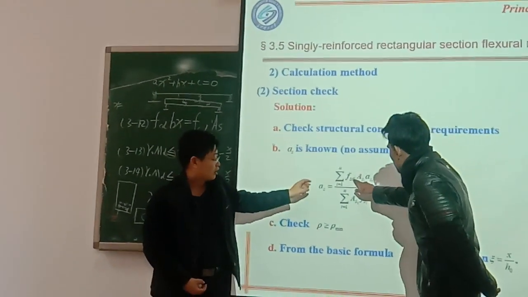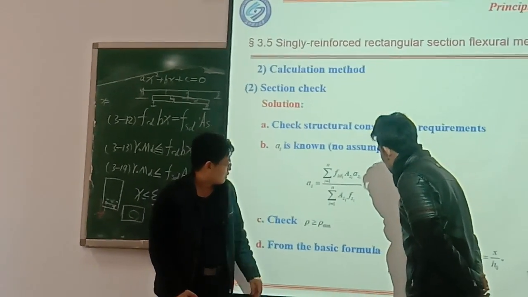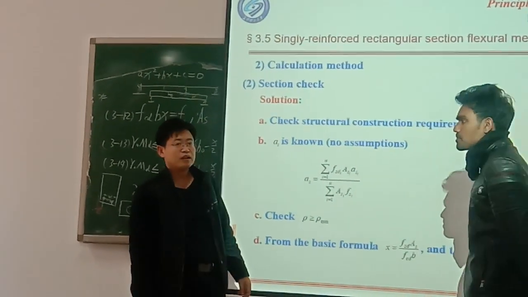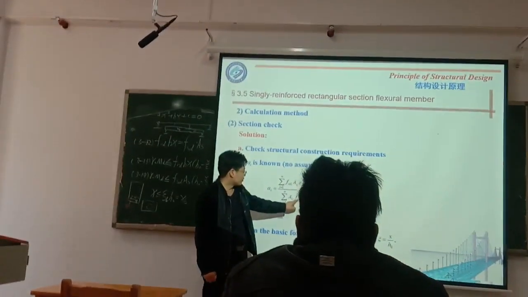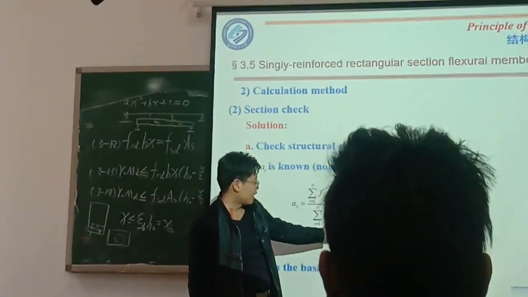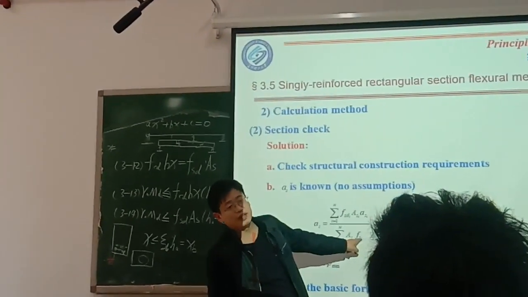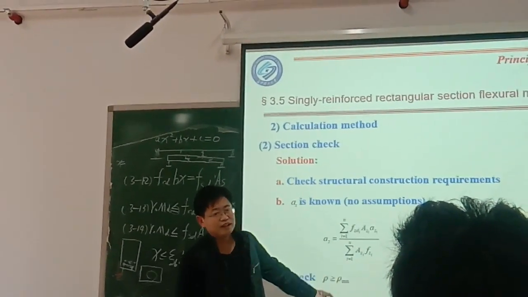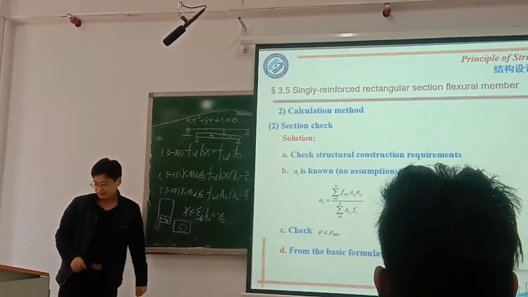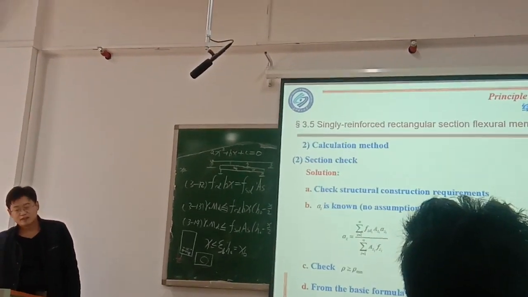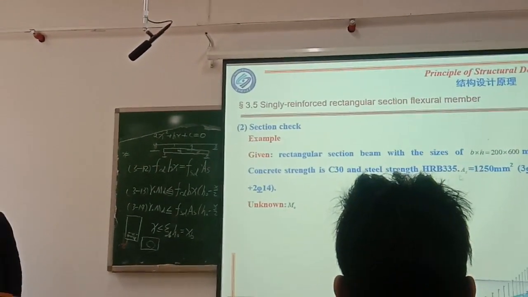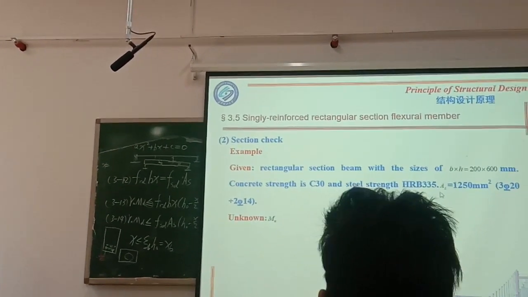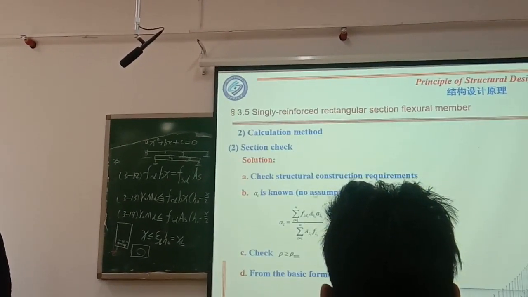But in this, the first force is related to the steel, so this signal should also be SD, both should be D. Because we only use one type of steel, it's an HRB 335, actually you don't need to consider FSD.